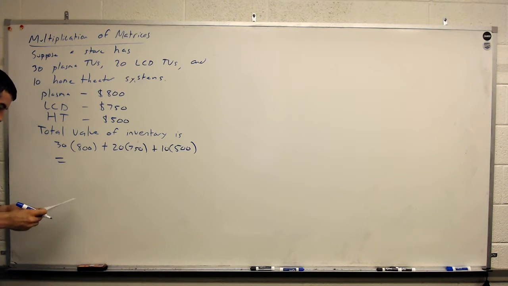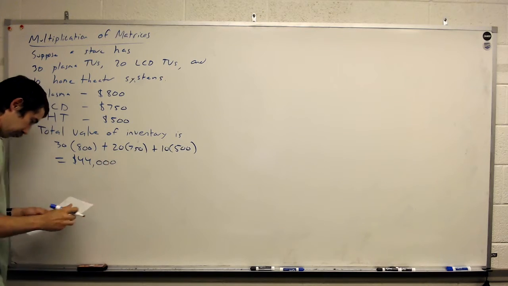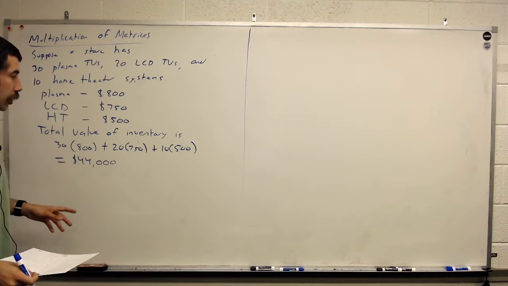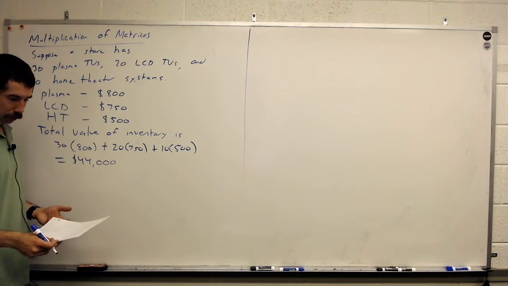Typing this into a calculator, it's $44,000. Okay? And so this is going to be like a motivating example for how matrix multiplication is done.